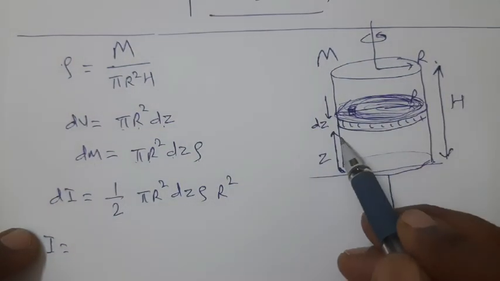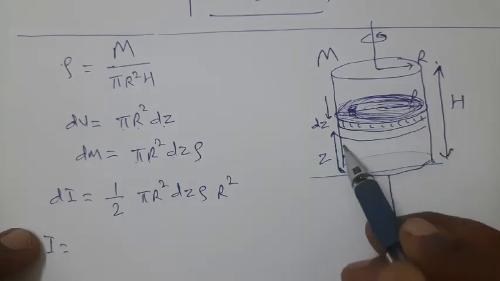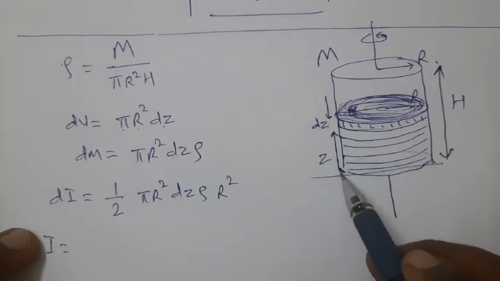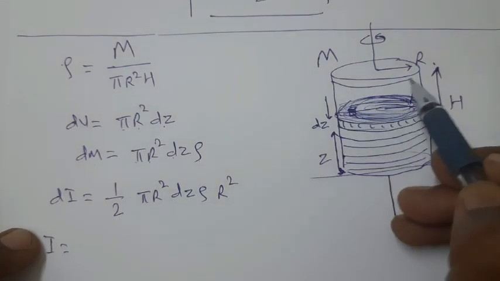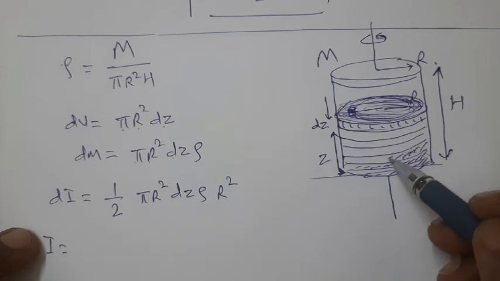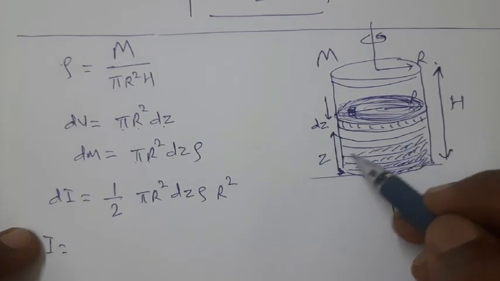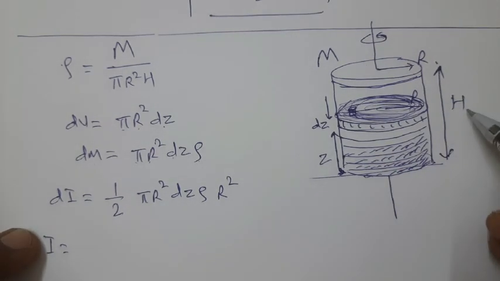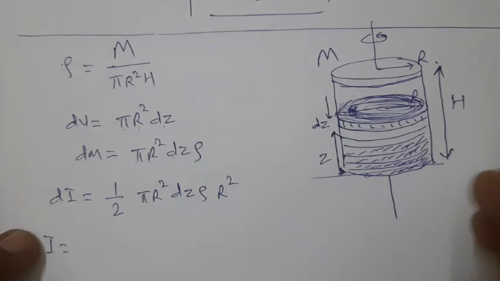I will have to keep such disks one over other. Therefore, I will have to consider the disks from z is equal to 0 to z is equal to h. First disk is to be kept at z is equal to 0, second is at z is equal to 0 plus delta x, third is 0 plus 2 delta x, next is 0 plus 3 delta x, and so on, and the last one will be at z is equal to h to cover the entire cylinder.